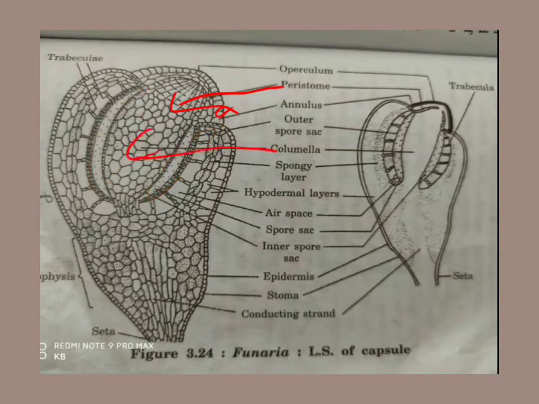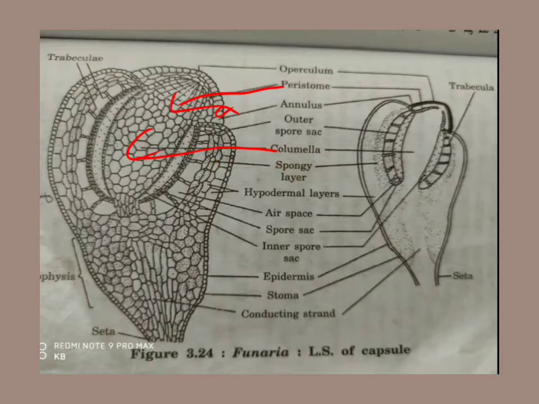This is made up of parenchymatous cells, and it is the middle portion of the capsule, and it gives nutrition and water to the capsule. And the spongy layer, this is known as the spongy layer. Then the hypodermal layer, which is the outer layer of parenchymatous cells, and an air space is also present.